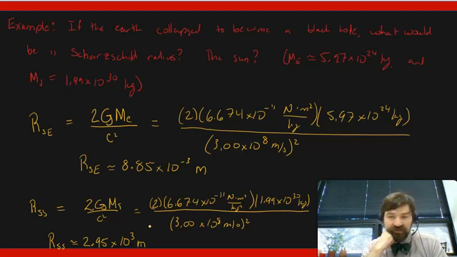That may seem like a very large object, but from an astronomical perspective, that's actually quite a small object. If you think about how big the Earth is right now, its radius is about 6 times 10 to the 6 meters, and so that is roughly 2,000 times bigger as a radius than the Schwarzschild radius of the Sun, and it's maybe 9 orders of magnitude larger than the Schwarzschild radius of the Earth.